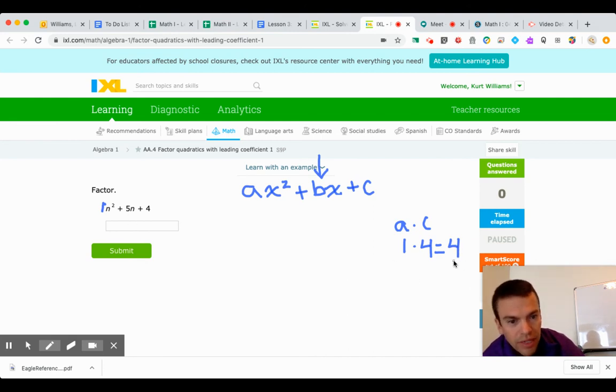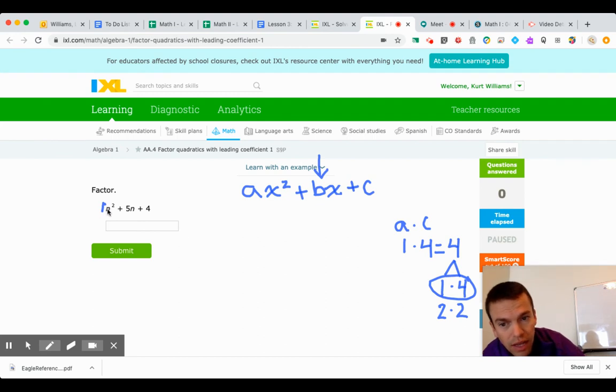Those are pretty easy to find because there are only 2 sets of factors: 1 times 4 or 2 times 2. 2 times 2 equals 4, and 1 times 4 is 4, but 1 plus 4 gives us our middle b term of 5. So I'm going to use the 1 and the 4 to break up this middle term.